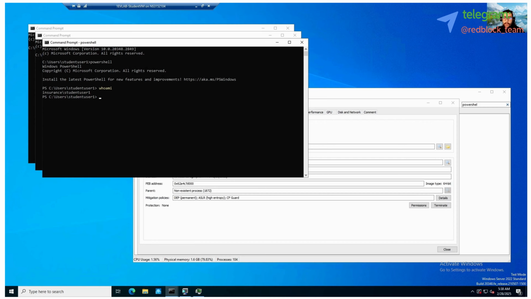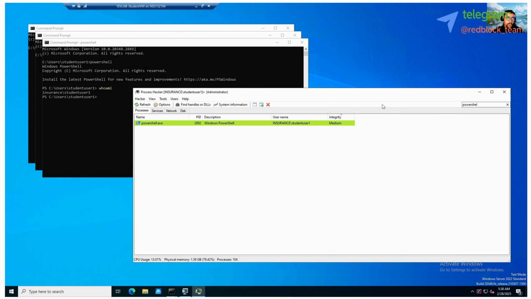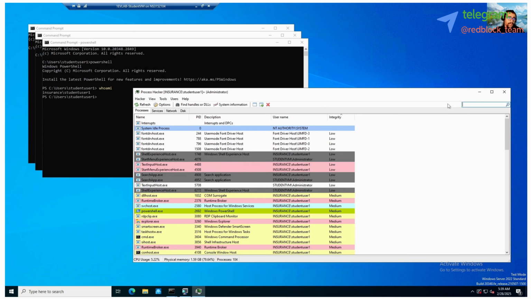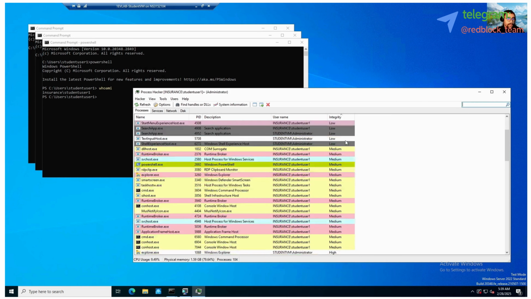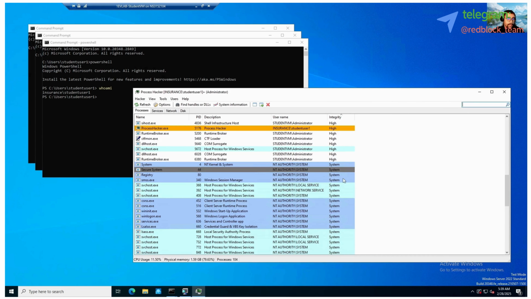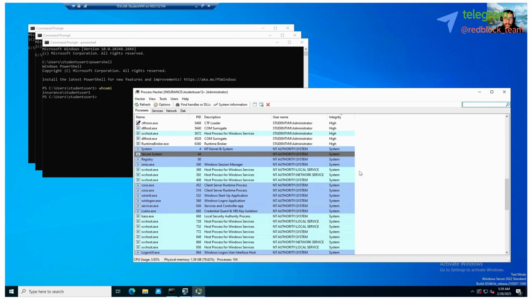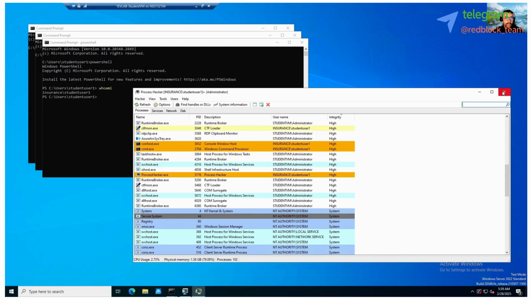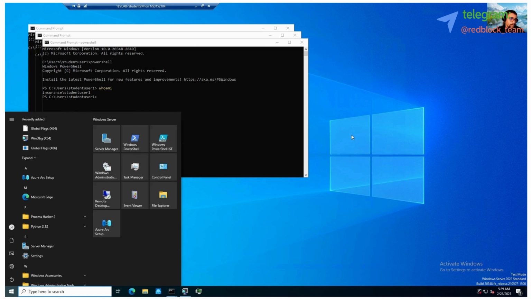The other property we saw is that each process has an integrity level that is low, medium, high, and system is the most powerful integrity. And we talked about protected processes.